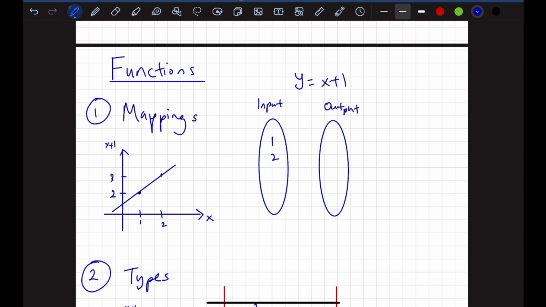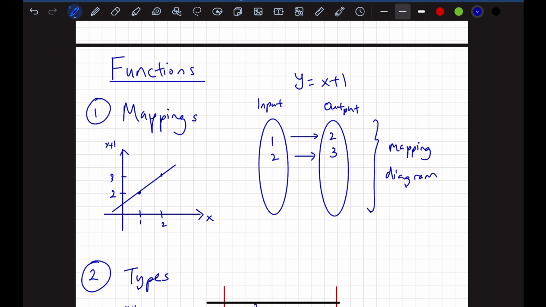And in this example, of course, our outputs were 2 and 3 respectively. All right. So we will put an arrow to indicate that with that input, you get that particular output. All right. Now, this is basically what we call a mapping diagram.